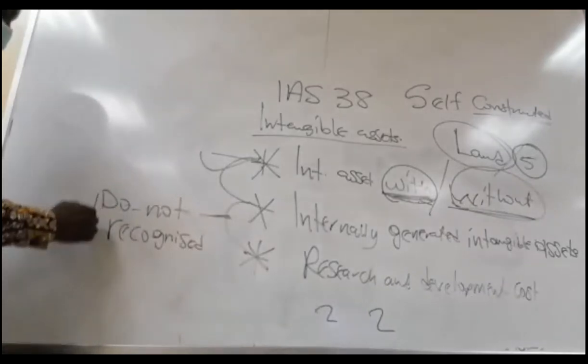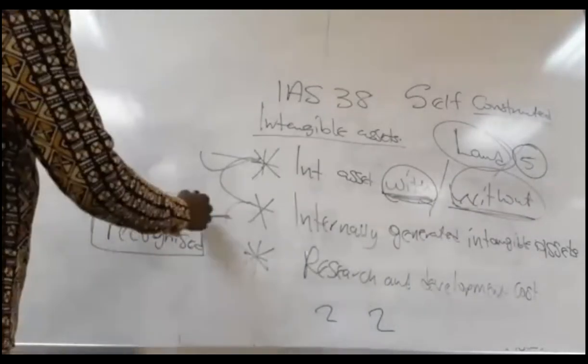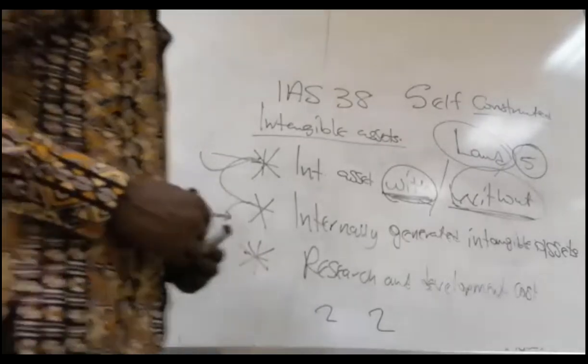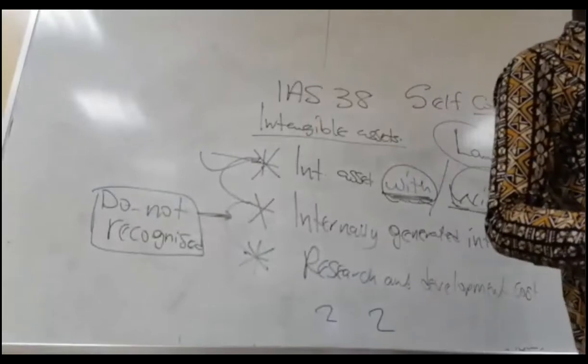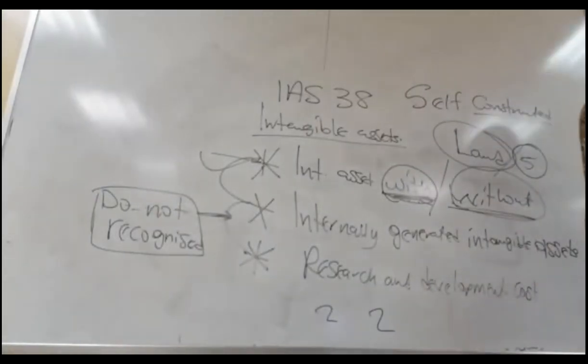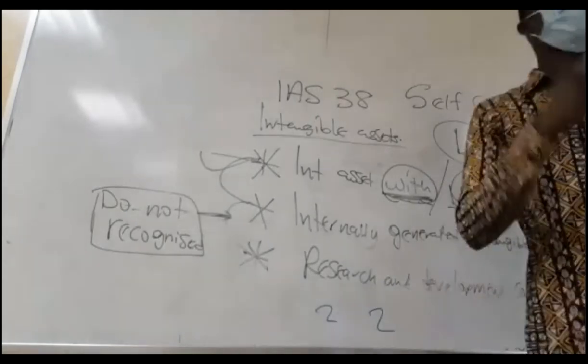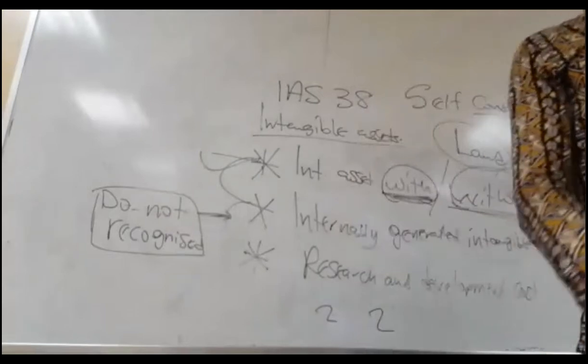If the cost cannot be determined or separated, do not recognize it. That's all. We only record self-constructed assets if you can determine the cost reasonably, then you can record it in the books.